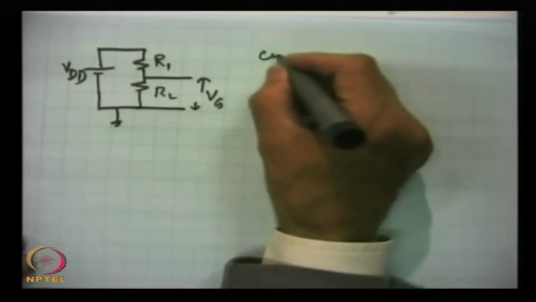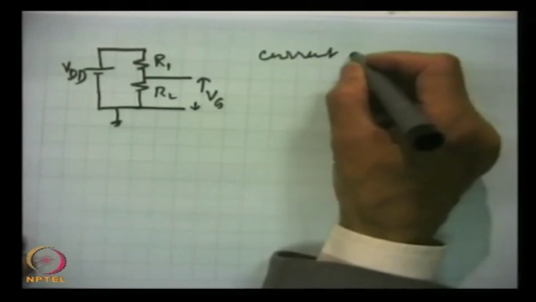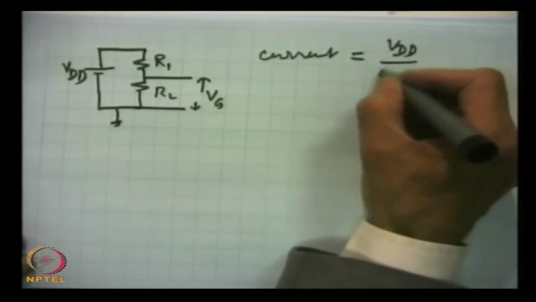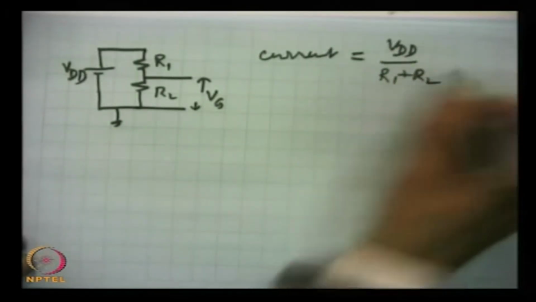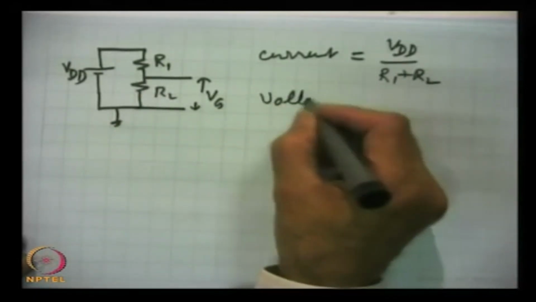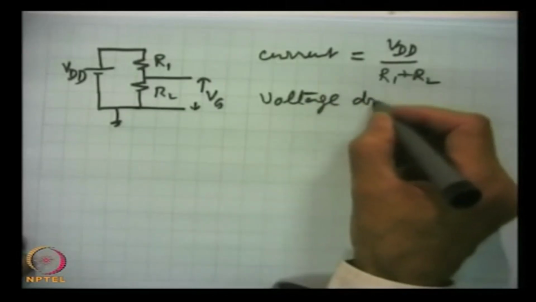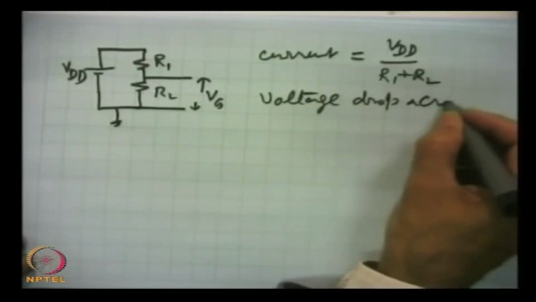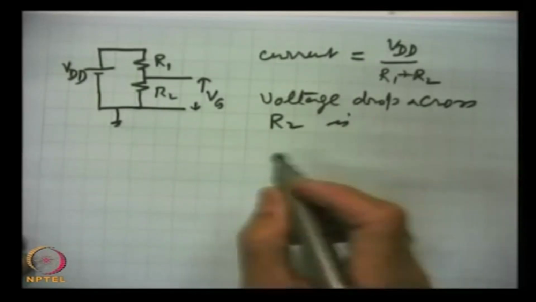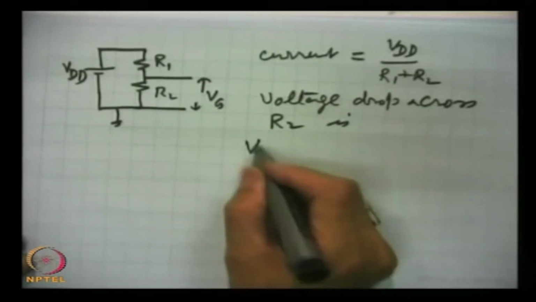So obviously the DC current through this circuit is VDD by R1 plus R2, and the voltage drop across R2 is simply VG.